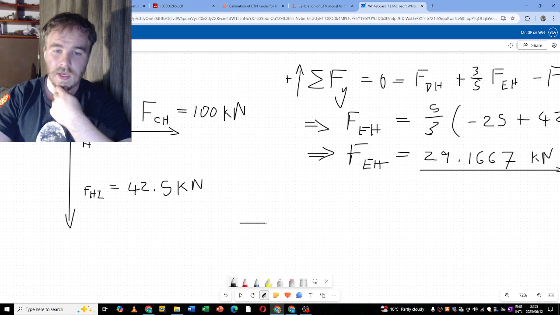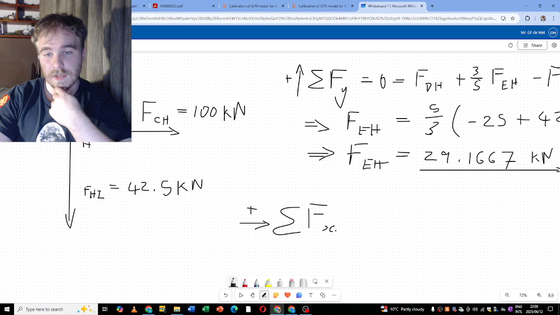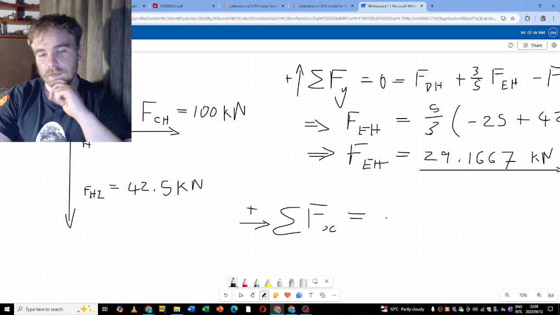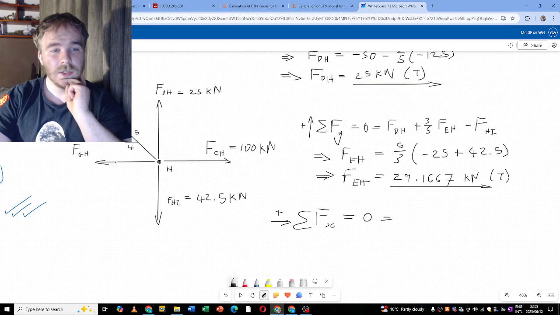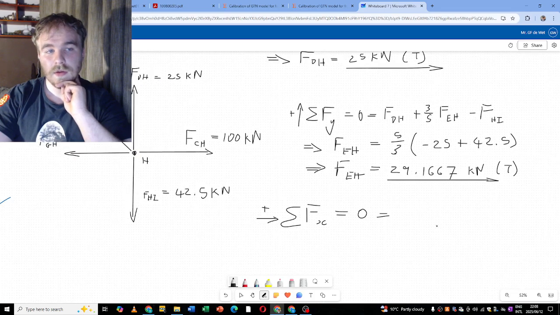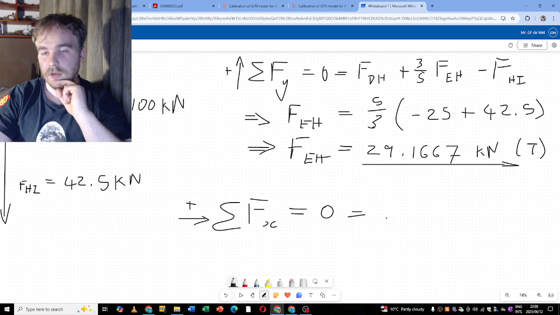Okay, now for the x direction. Sum of forces in the x direction, and this is also 0. Now we have, let's put it all in. We want to calculate FGH.